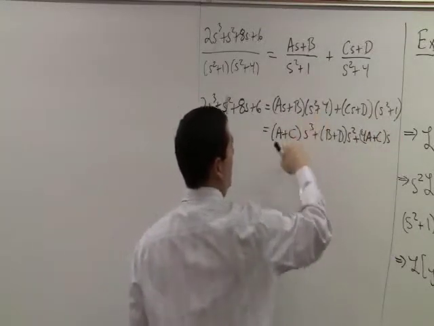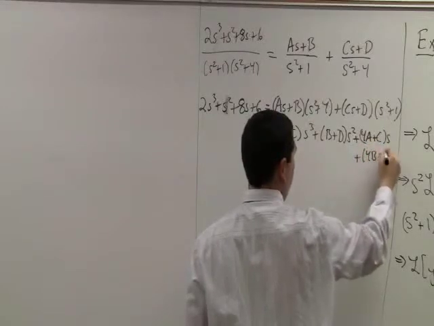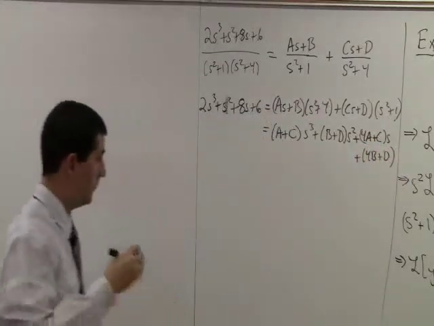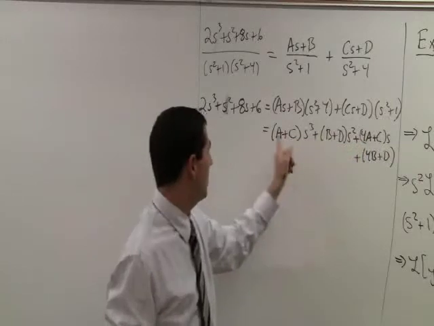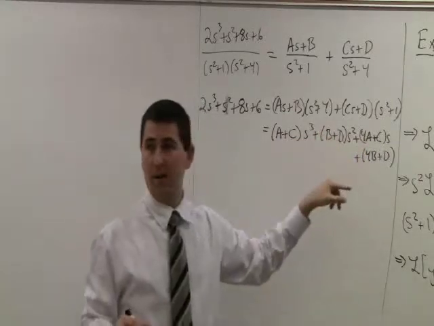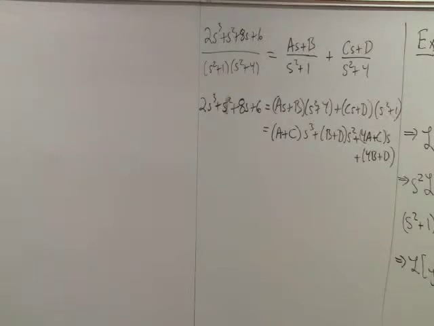And then you have a 4b and a d, so 4b plus d. What's interesting here is the a's and c's all show up together, and the b's and d's show up together. So even though it looks like 4 equations with 4 unknowns, it's really 2 sets of 2 equations with 2 unknowns.